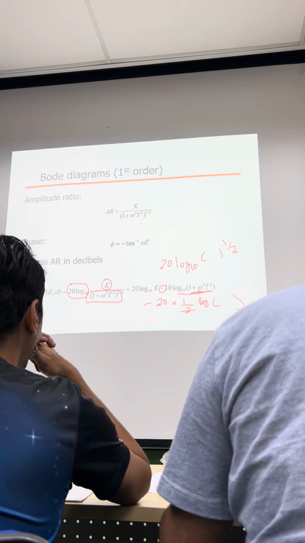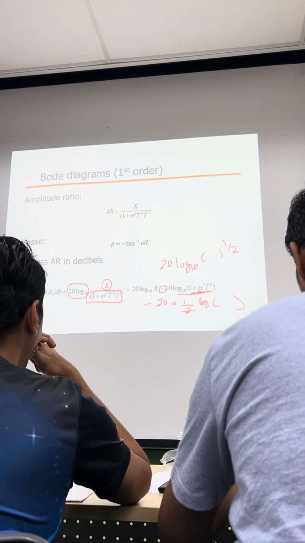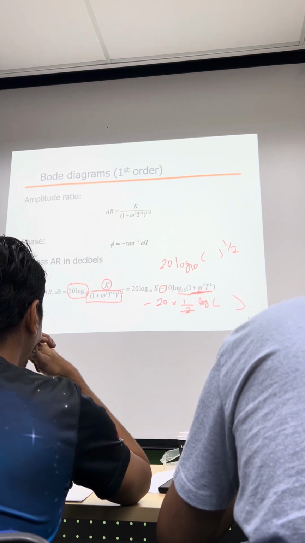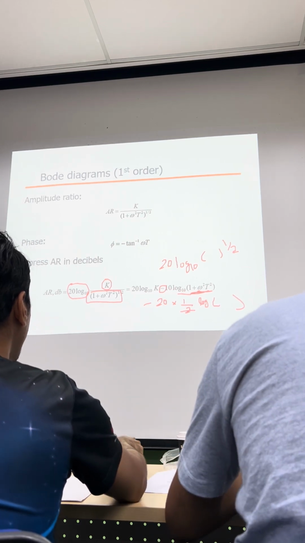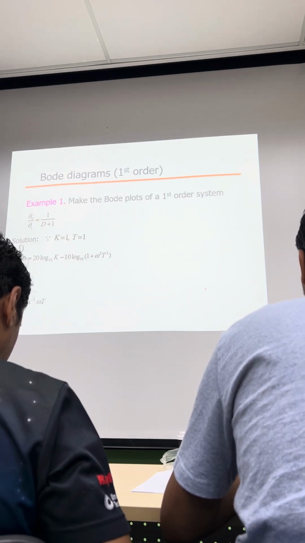The upcoming example is coming over there. For this case, numerator and denominator, obviously you need to have minus. You have 20 log K, then minus 10 log of that. So that is the amplitude ratio.